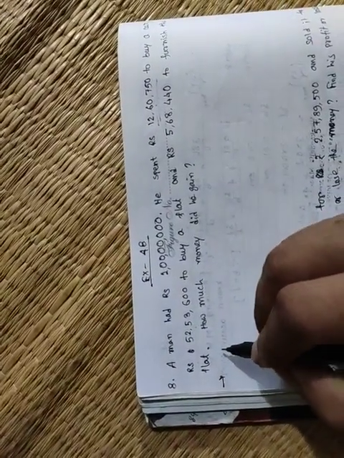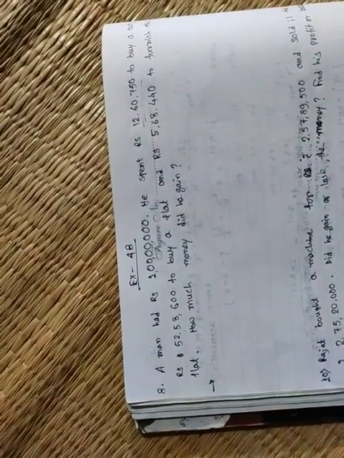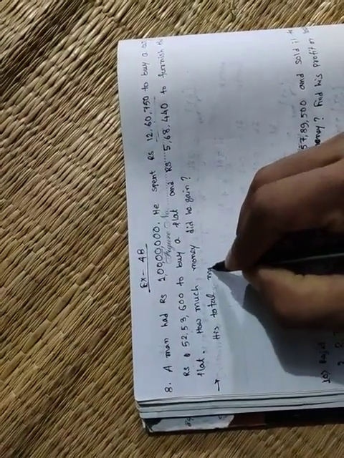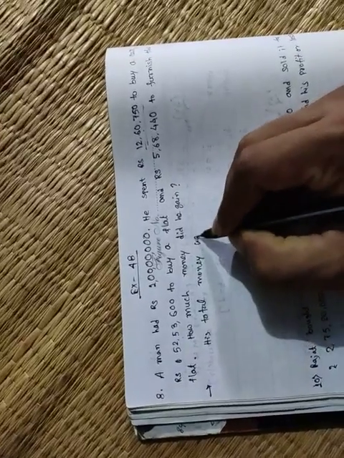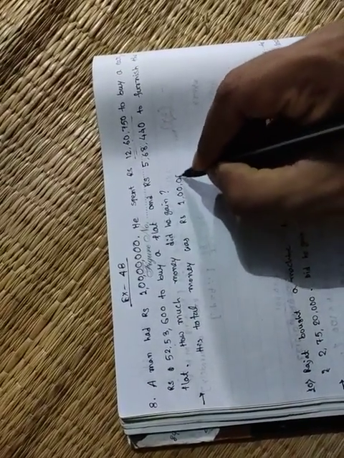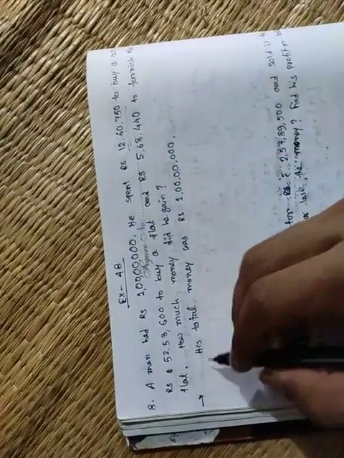So now I am writing it as a word sum. So you have to write first, his total money was rupees 1,000,000.